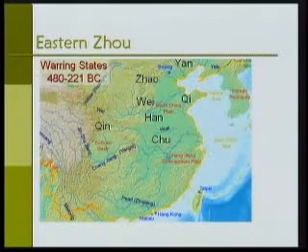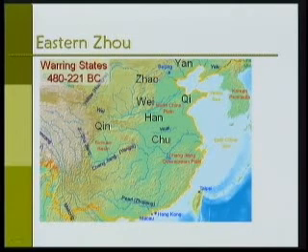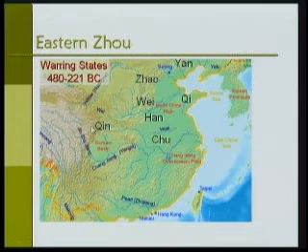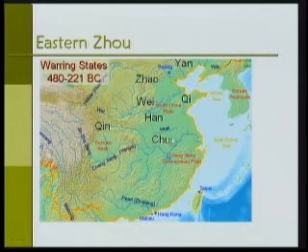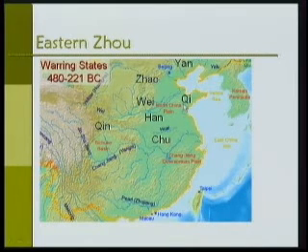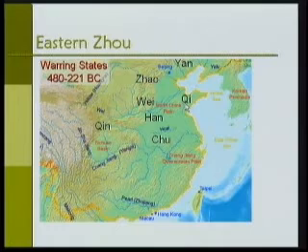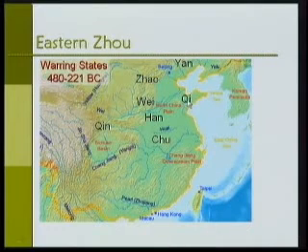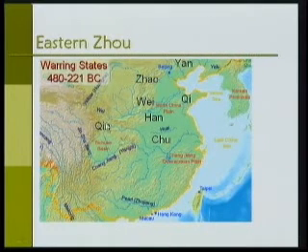There are the places. This is the Qin, living in the West. And here is Chu, Han, Wei, Zhao, Yan, and Qi. The Q is pronounced in the pinyin system as CH. So this is Qi, and this is Qin.